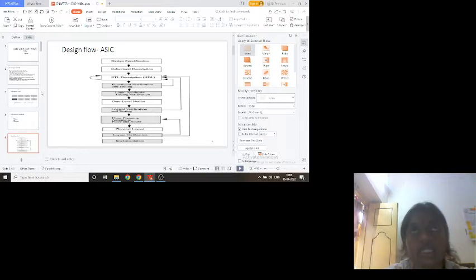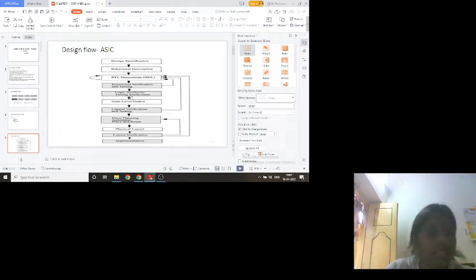The relation between inputs and outputs will be checked at this level. By applying various stimuli, we check the simulation results for the digital design which we have implemented. After the simulation, logical synthesis has to be performed.